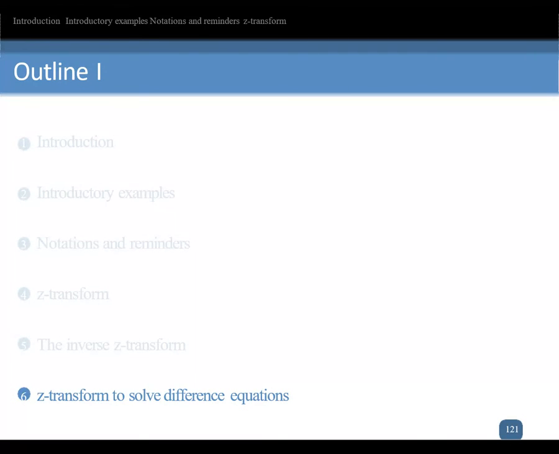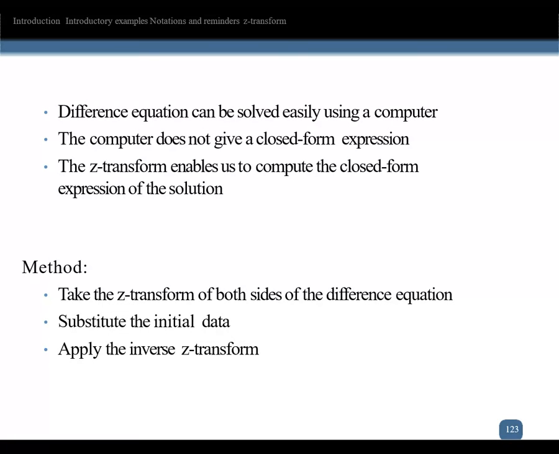Now the last method: the z transform to solve the difference equation. We will see the difference equation can be solved easily using a computer, but the computer does not give a closed form expression. The z transform enables us to compute the closed form expression of the solution.